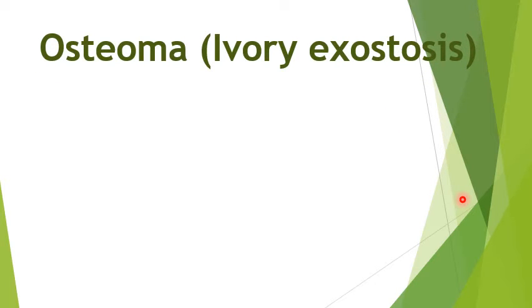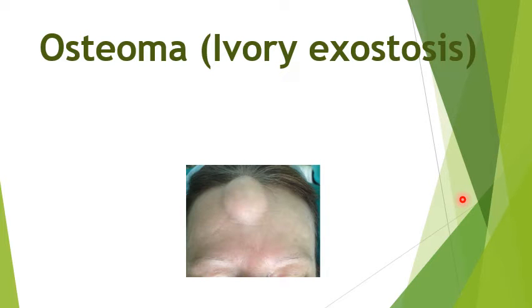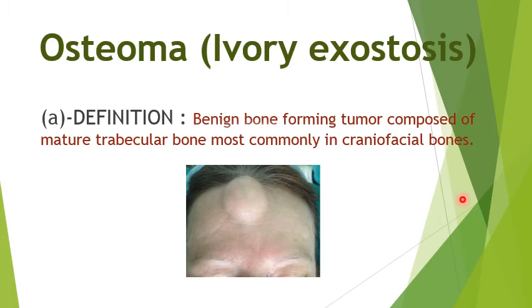So, ivory osteoma or compact osteoma, as you can see here in this picture, arises in the bone of the skull.